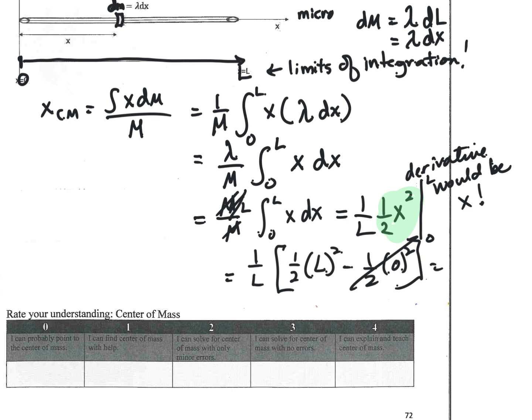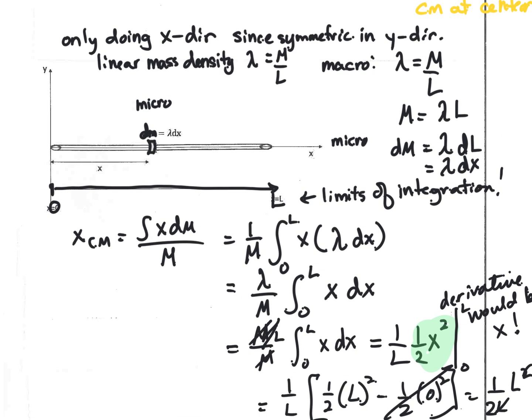So we end up with 1 over 2L times L squared. One L goes away, so we end up with 1/2 L, which, if you think about it, is not surprising. If you have a rod that's uniform, where should the center of mass be? It should be in the very middle, shouldn't it? Okay, so that's how you do that.